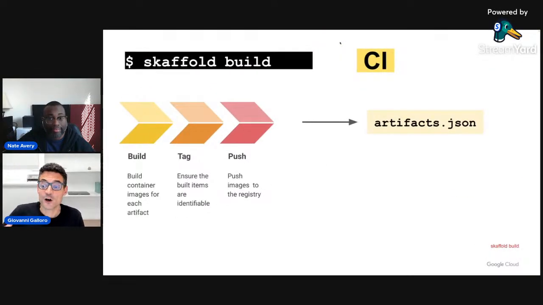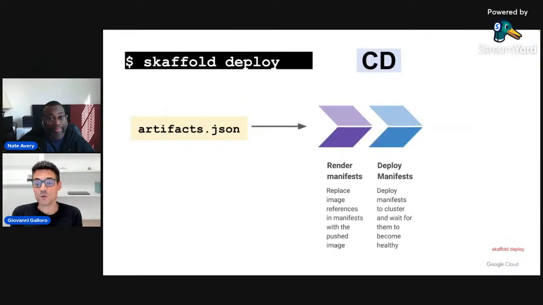What are the other tasks that can be done in a continuous delivery pipeline? And so we come to the question that you asked before, related to what is manifest render and what is manifest deploy. Why are these two different tasks? We have this command called skaffold deploy, used to deploy your application on a target environment. But this command does two tasks mainly. One is render manifest. What does it mean?